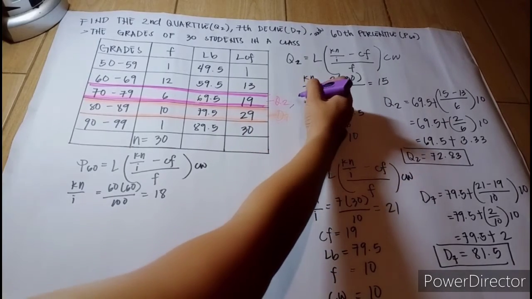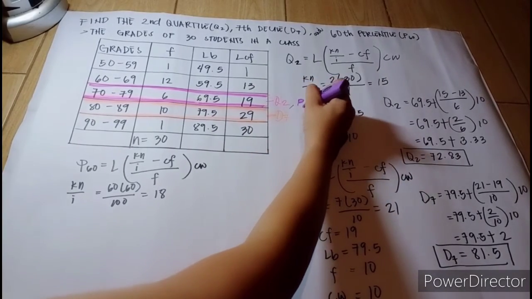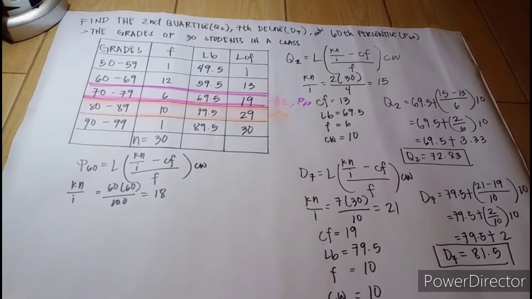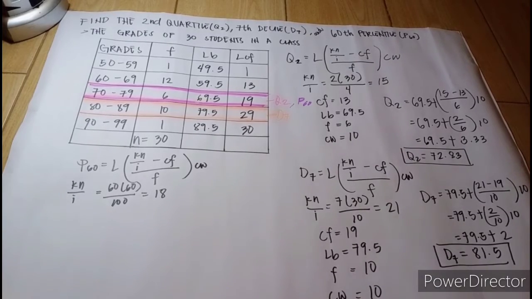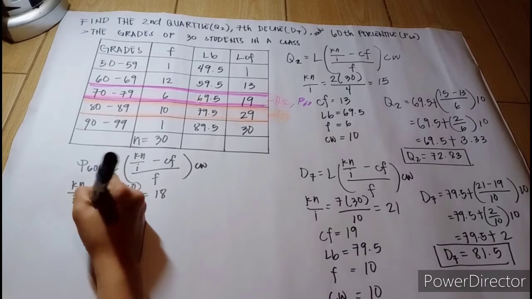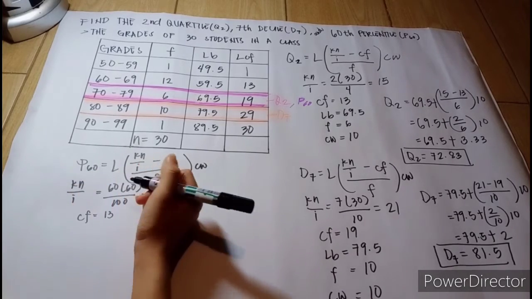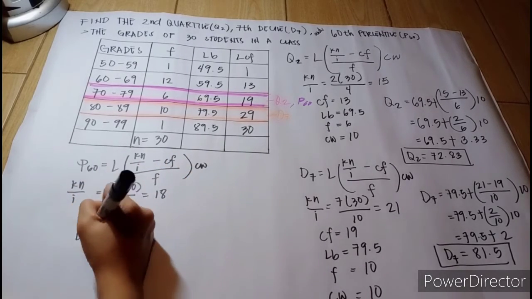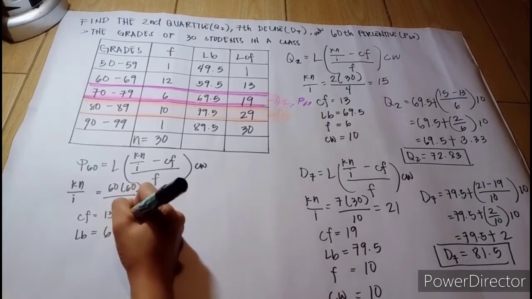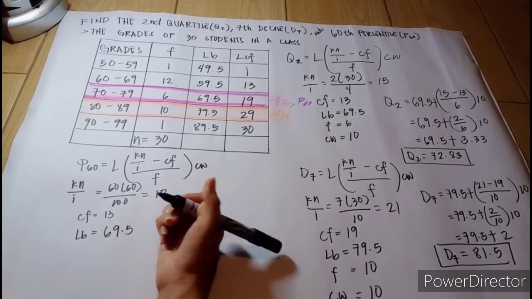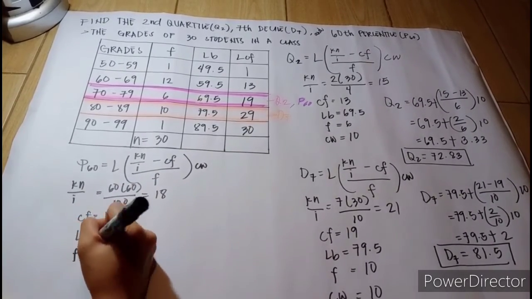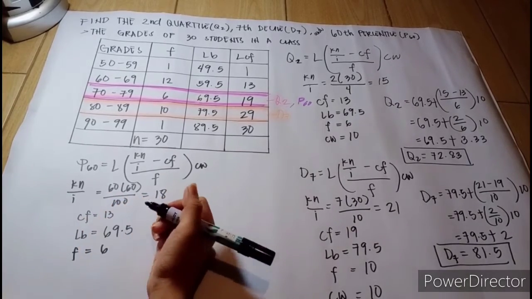So, don't be confused. That's possible. It's possible that they have the same class that we need to solve the percentile. So, our CF will be 13. Lower boundary is 69.5. Frequency is 6.